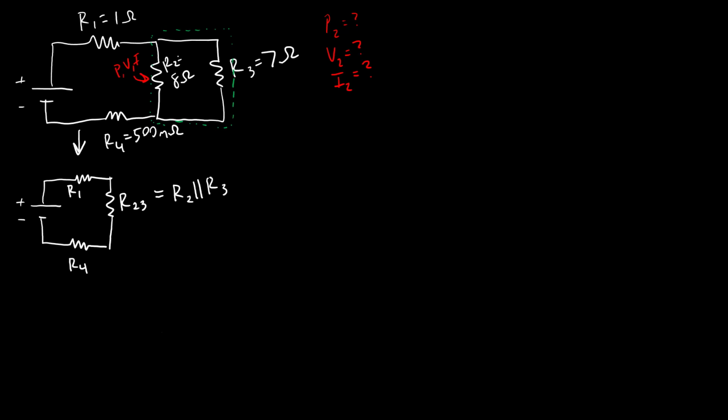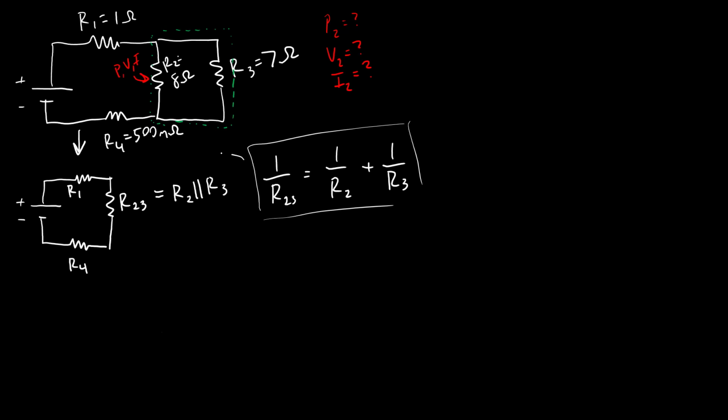That's shorthand notation for writing out that longer form of the equation you should be familiar with. 1 over R23 equals 1 over R2 plus 1 over R3. So rather than writing out this entire big equation, I'm just going to make up this new variable R23 to represent that equivalent resistance.